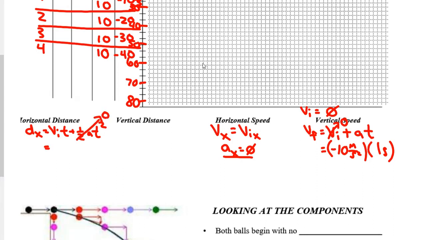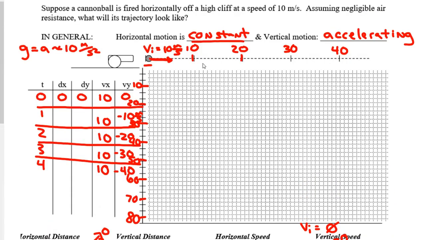So it's nothing more than the initial horizontal velocity, which was the 10 meters per second, times the first time, which would be 1 second. So at 1 second, it went 10 meters horizontally, 2 seconds, 20 meters, 3 seconds, 30 meters, and so on and so forth. So this is 10, 20, 30, and 40, and these are all in meters, and this is meters per second.